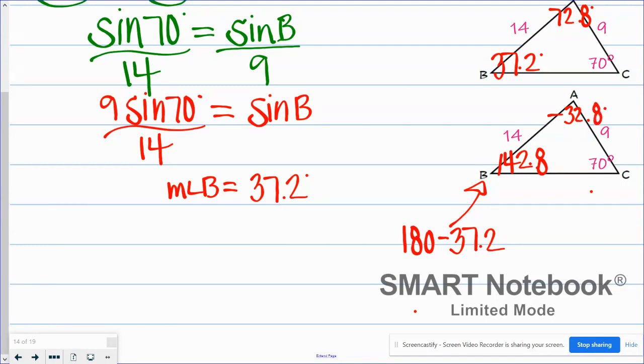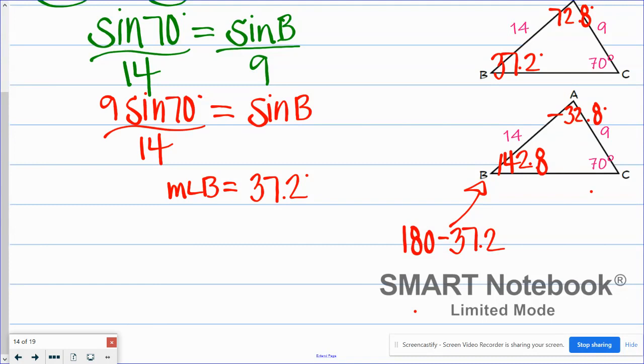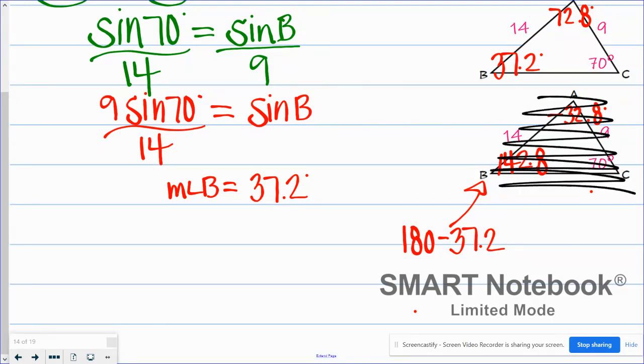And that just doesn't make sense. So do you know what that means? That means there's not a second triangle. There's only one triangle. If you don't get realistic angle measures, how can you have a triangle? You can't. So that means I'm just going to finish solving the top triangle.